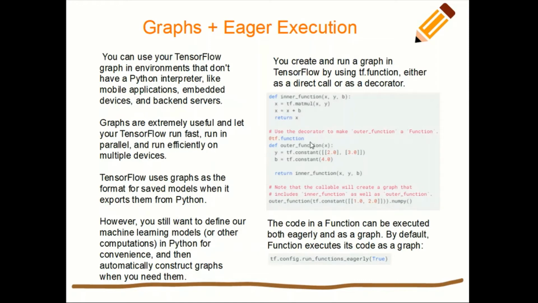Every statement will be executed line by line, and once we are done with our development, we can just set it to false, and then it will be executed as a graph. So this is very, very useful from the development perspective and from the performance perspective also.